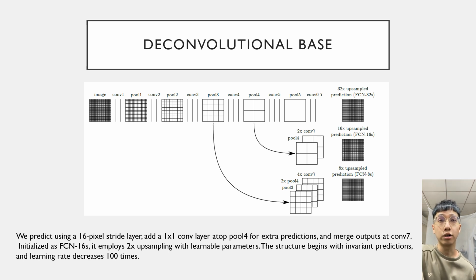This architecture is particularly useful in tasks such as image upsampling and generating high-resolution images from low-resolution inputs. Deconvolutional networks play a vital role in tasks requiring the reconstruction or expansion of feature maps, contributing to advancements in image synthesis and enhancement.